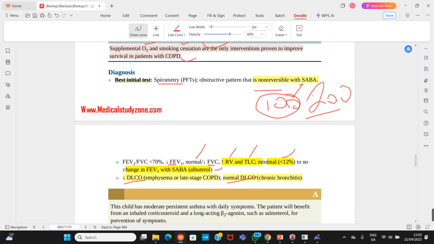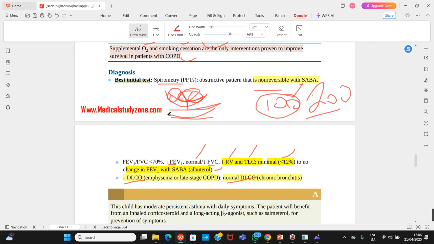Why? We remember in emphysema, there's damage to the alveoli. And the alveoli is the one that allows for gaseous exchange. If the alveoli is gone, there's no way the carbon monoxide will be able to move from the airway into the blood. If this is a blood vessel, this is the respiratory membrane, and this is the alveoli here.